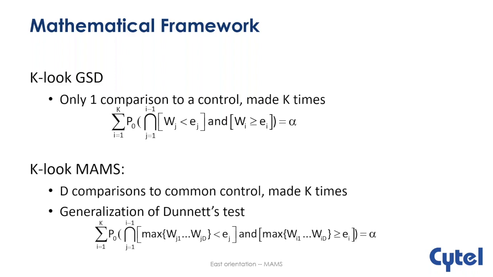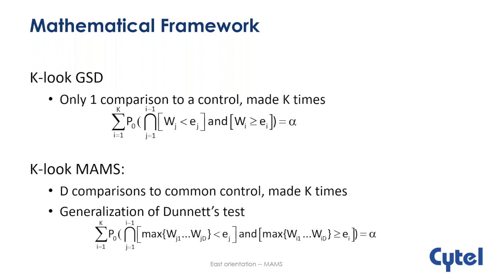This is extended in the case of d comparisons to a common control. Now, the only difference is that instead of looking at these scalar score functions and trying to see whether or not they cross the efficacy boundary, we are looking at the maximum of the values of this d-dimensional vector, which has the d different treatment arms.